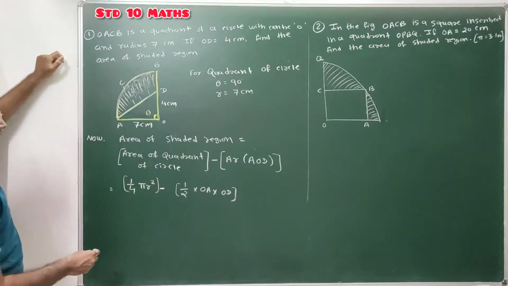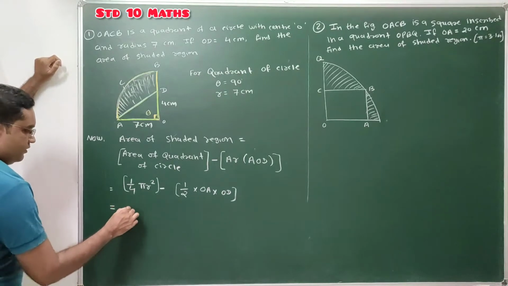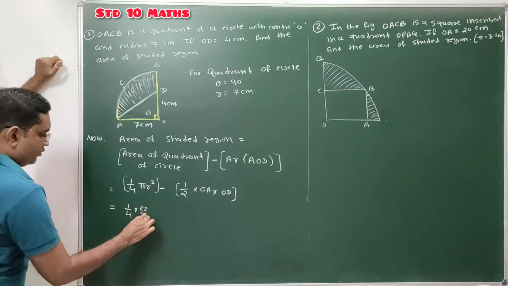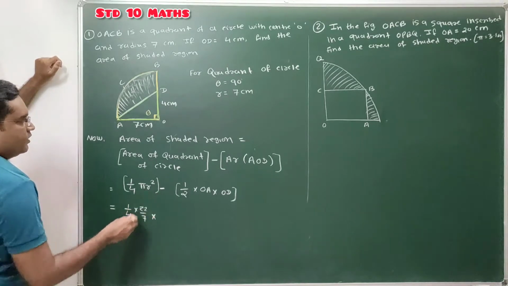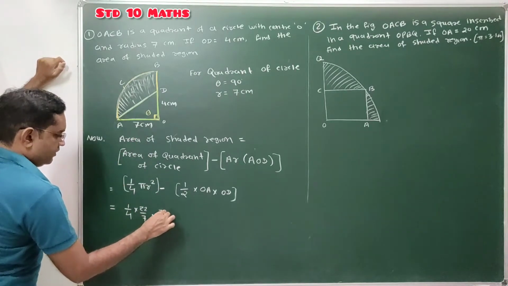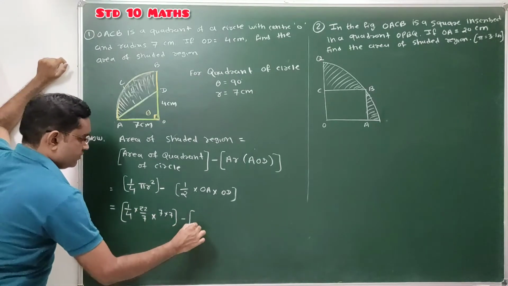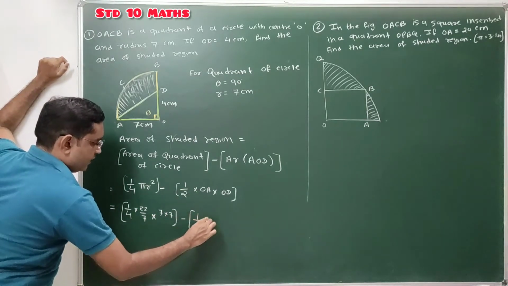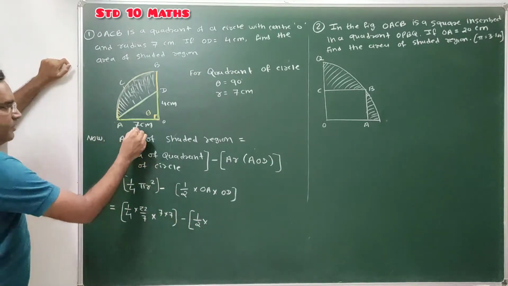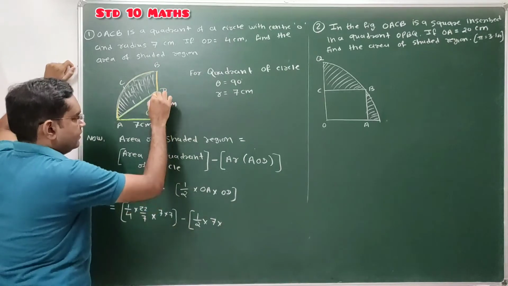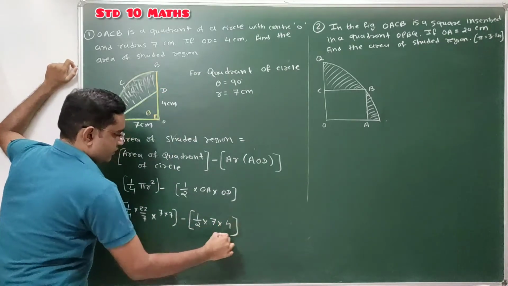Put the values and simplify it. So it's 1 by 4 into pi 22 by 7 into r square, radius 7 into 7, minus 1 by 2 into OA 7 into OD, height of the triangle, 4. Done.